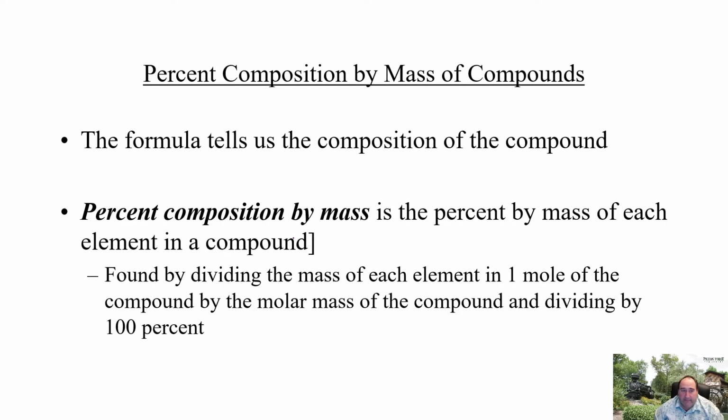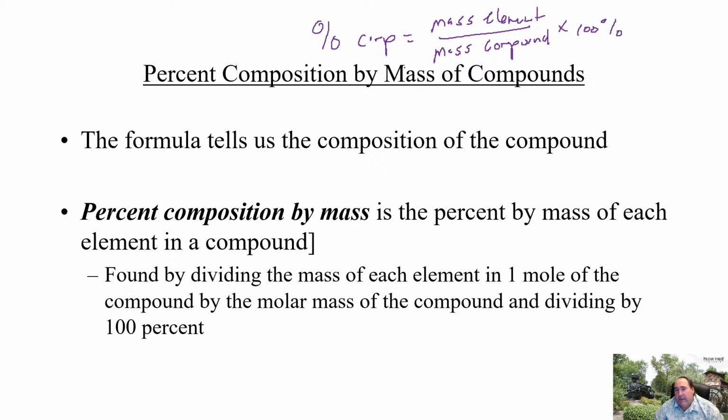So basically, to figure out the percent composition of an element, you take the mass of that element, you divide it by the mass of the compound, then you times it by 100%. Now, clearly, if you have all the elements present, you should equal 100% when it's over, or pretty close to 100%.